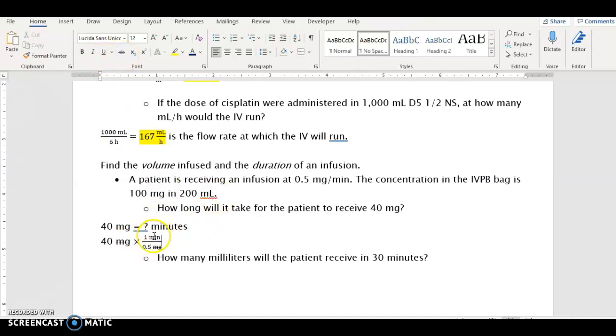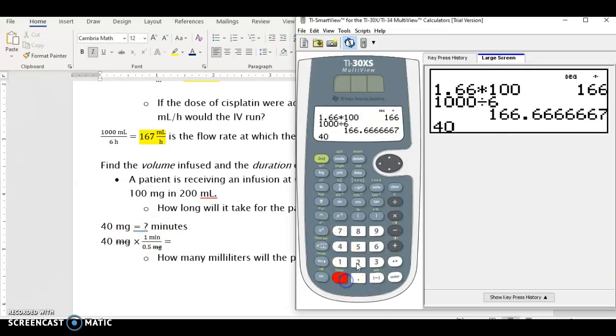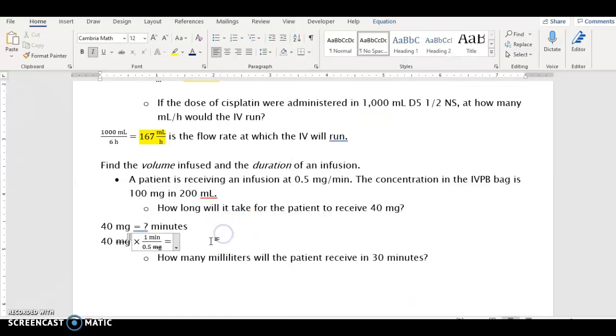So remember, multiplying by 1 has no effect, so we're going to take 40 and then divide it by 0.5 on our calculator. So 40 divided by 0.5 is equal to 80. So the answer is 80 minutes. Okay, so you probably already know that 1 hour is 60 minutes.